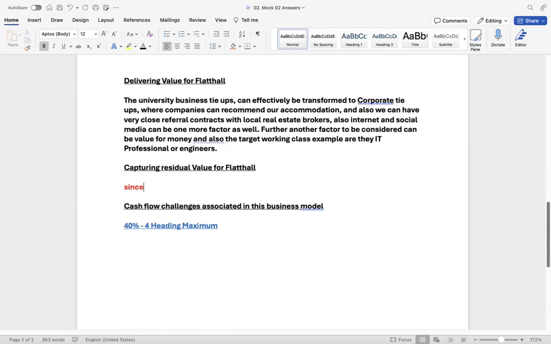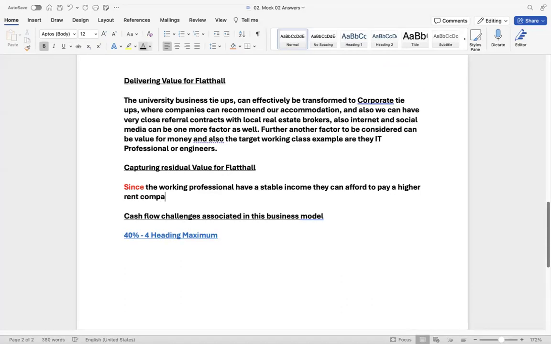So I'll write down here, since the working professionals have a stable income, they can afford to pay a higher rent compared with students.